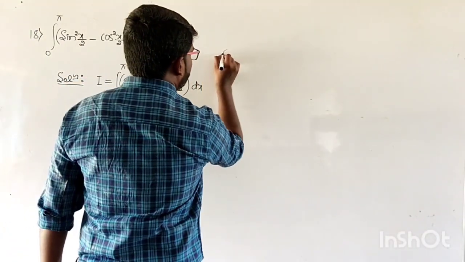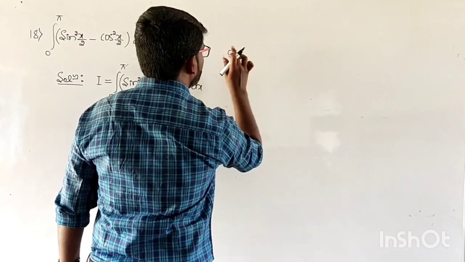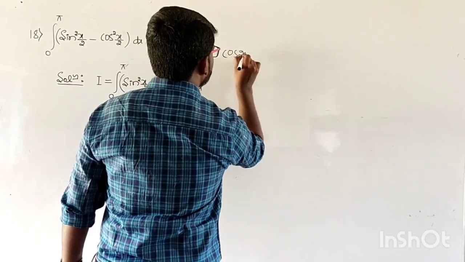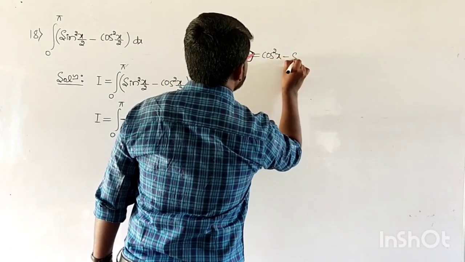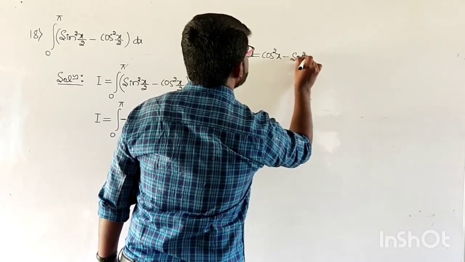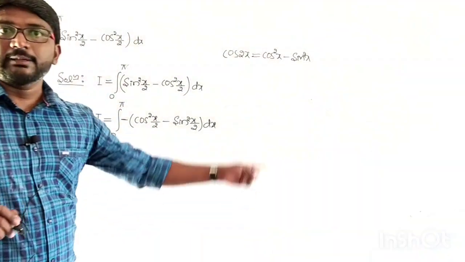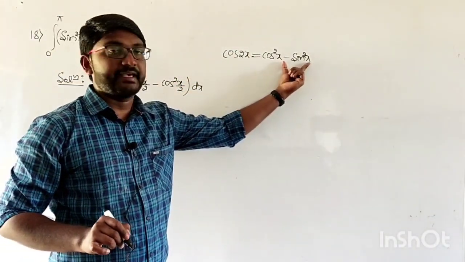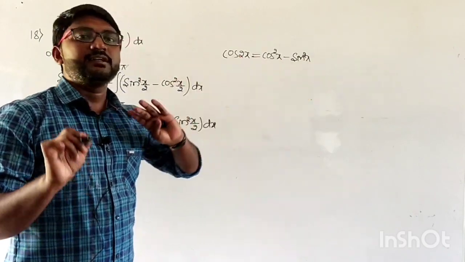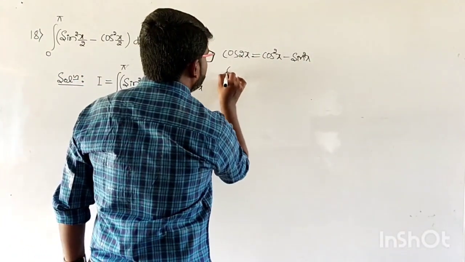See here, we have the formula cos 2x which is equals to cos square x minus sin square x. This we have learnt in first PUC double angle formula. So if it is 2x, here it has to be x. That means half of this. Now what I do is I take x in the LHS.